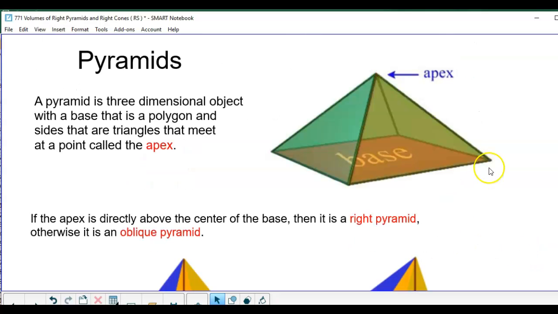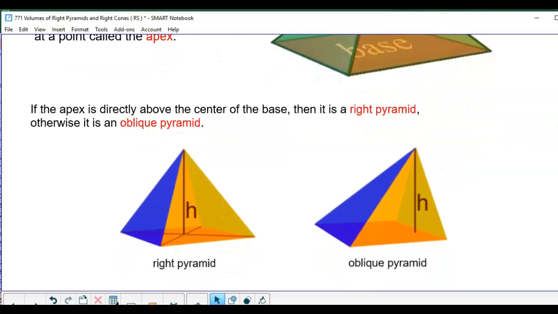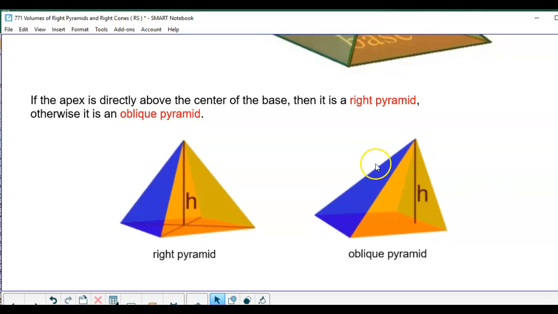Okay, so we're learning about pyramids today. So here is a pyramid. It's a three-dimensional object with a base that is a polygon and sides that are triangles that meet at a point called the apex. If the apex is directly above the center of the base, then it's a right pyramid. Otherwise, it's oblique. So we're going to be sticking with these.